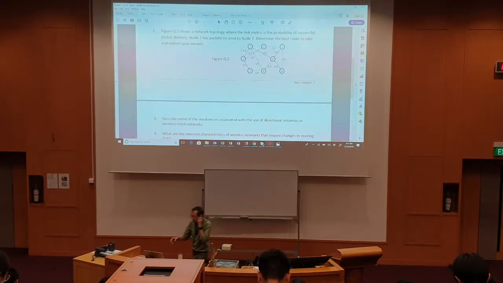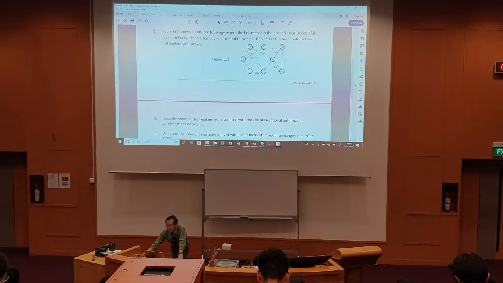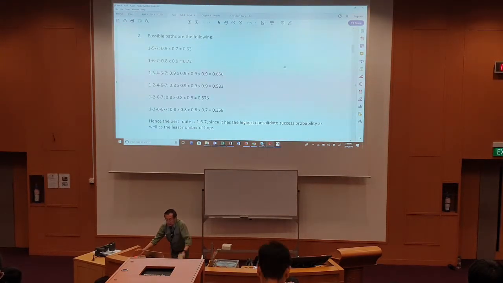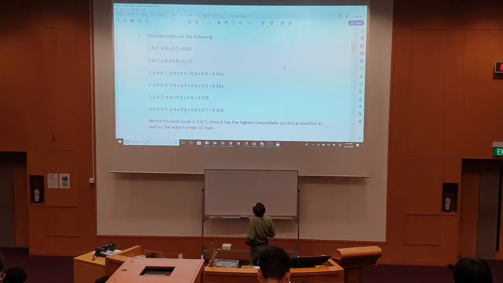Okay, so example. Let's say I go 1, 5, 7. If I go route 157, the cumulative probability is 0.9 times 0.7. Got it? So I can do all this and do all the combinations. So if I do that, these are all the possibilities. 157, 167, 13467.